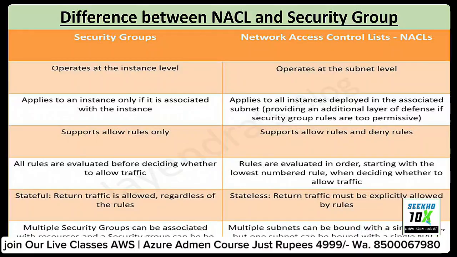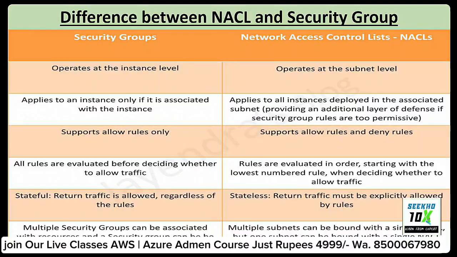The rule is identified, and only if the rule is allowed is the traffic allowed. If the rule is denied, then even though the traffic is identified as secure traffic, it will still be denied.